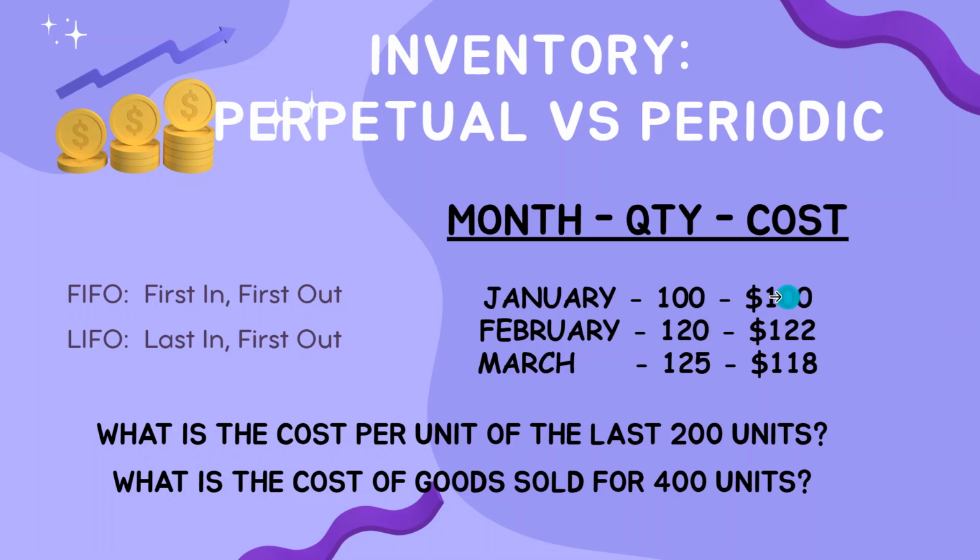So you're going to use all of this, and then 100 of these for last in, first out. This one you use all of this plus 100 of this. 100 of this is going to be the same, but it depends. So that's going to give you the value that's left on hand, right?